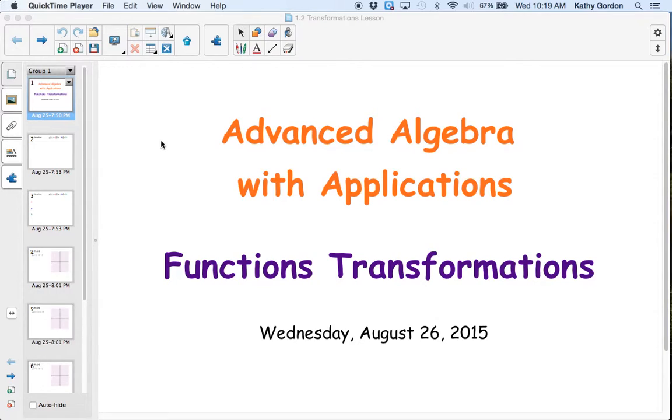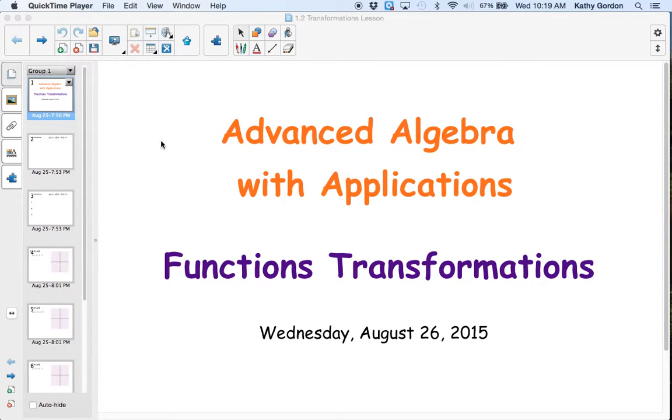But this is an important topic to make sure we really do remember, because the transformations work with any function. Okay? Regardless of whether we're talking cubics or square roots or greatest integer function, that bizarre stair-step thing. Transformations work with all of them, and they work the same way with all of them.